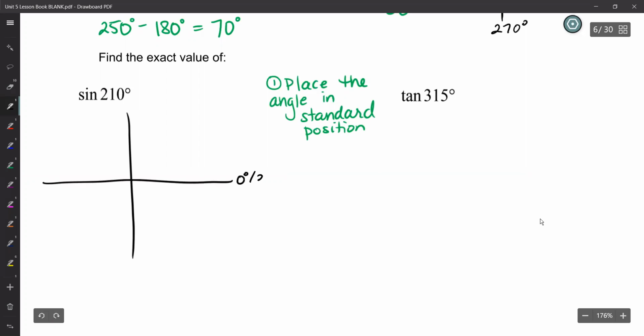So I want to place 210 approximately where that rotation would lie. Doesn't have to be perfect, but in the approximate area. So 210 is probably going to be around here-ish. So we've done that. We are going to then find the reference angle.